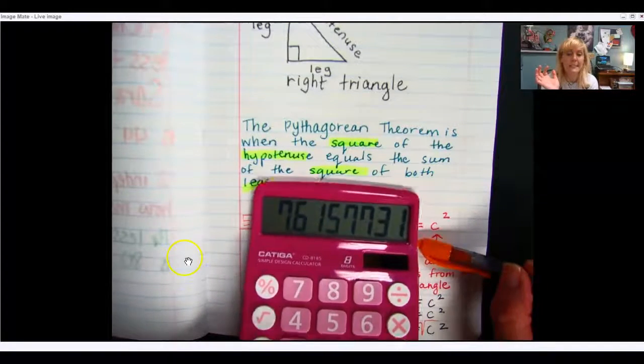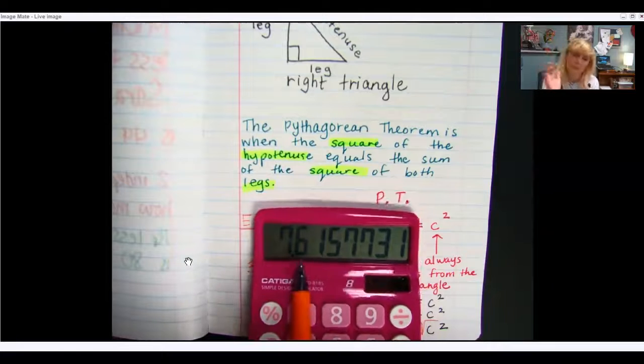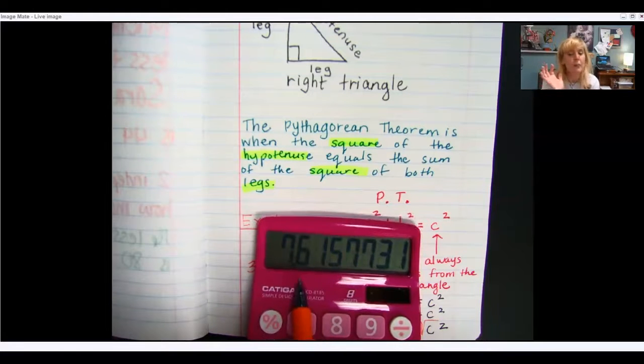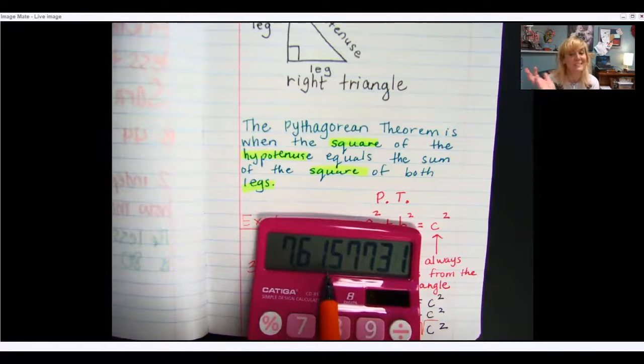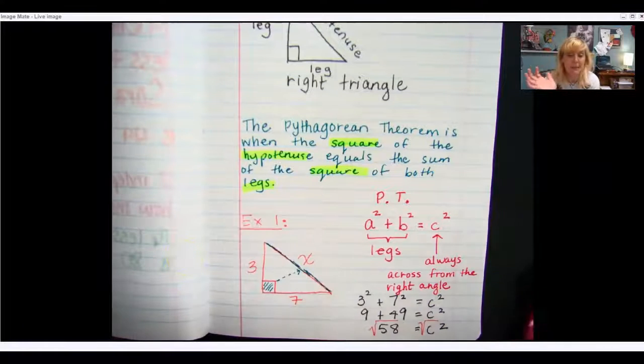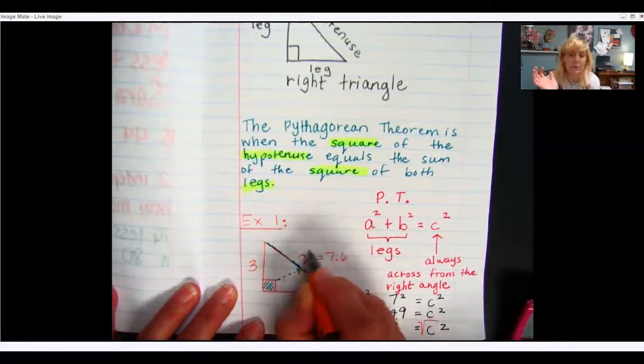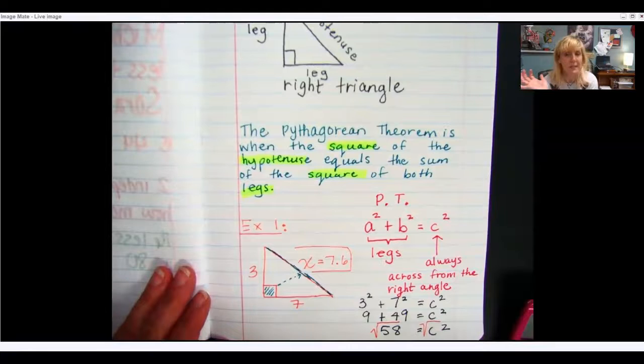If you notice, I get 7.6157731. We are always going to round to one decimal place. It is either going to be 7.6 or 7.7. I know it's 7.6 because look at the next number. It's a 1, so it stays 7.6. So this equals 7.6. We're going to box that in and move on.